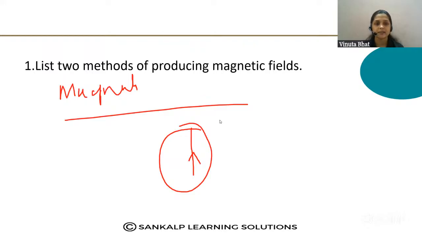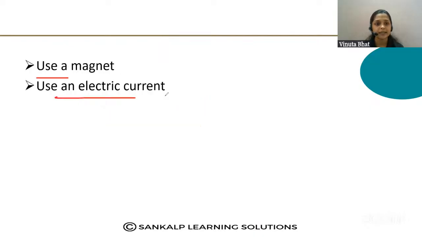The correct answer is by using a magnet and by using an electric current. These are the two methods of producing the magnetic field.